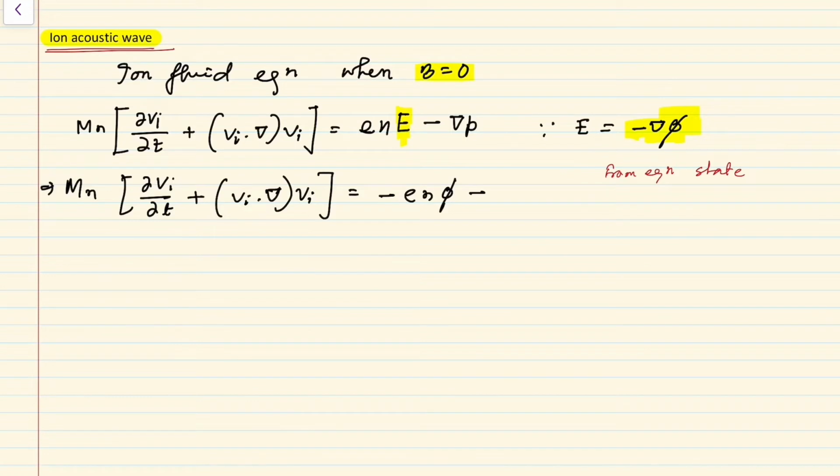in lecture 10 I have already shown how to derive this equation. I will provide the link of that lecture in the description box. So we have this relation from the equation of state: grad P is equal to gamma K_B T grad n, where K_B is the Boltzmann constant.